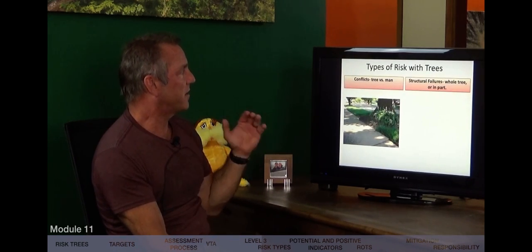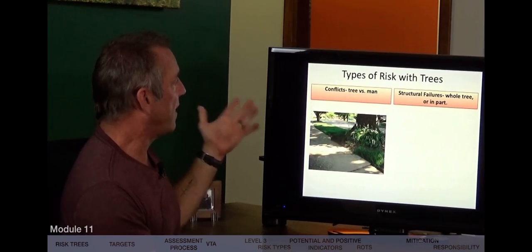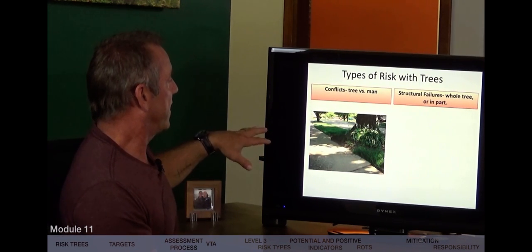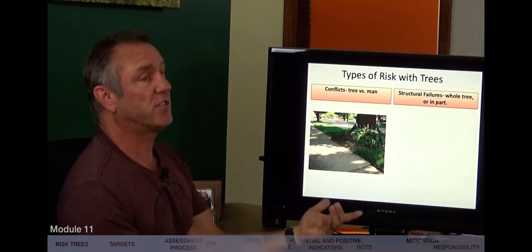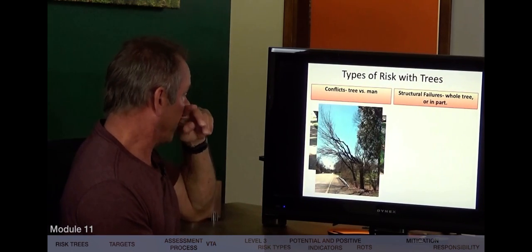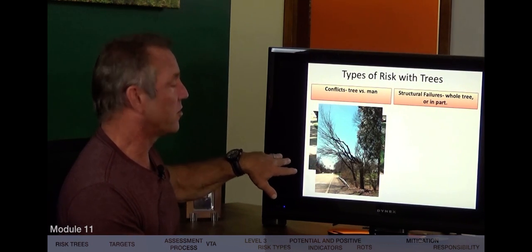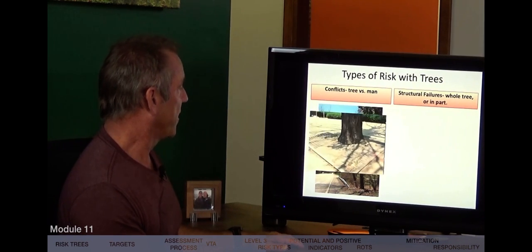So first of all, the types of risks that we typically run into are either conflicts or structural failures. Conflicts can occur just with sidewalk heaving, which creates a risk situation. Or it could be utility pruning, which may predispose or elevate that level of risk due to the pruning activity.